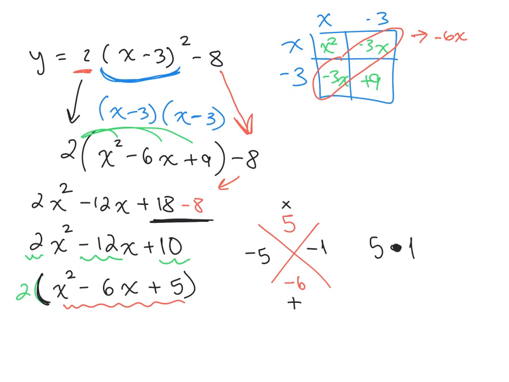And so now x squared minus 6x plus 5 factors to x minus 5, x minus 1, and do not forget we have a coefficient of 2, so that it gets included in our equation as well. So the final answer is y equals 2 times the quantity x minus 5 times the quantity of x minus 1. That is the equation of this parabola in intercept form.